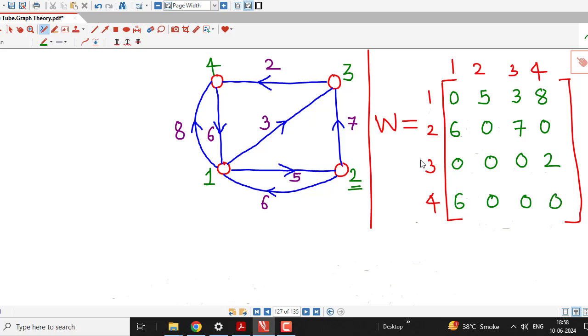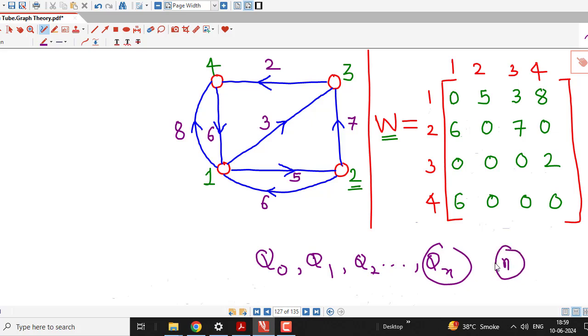So the first step is to write down the matrix which indicates the weights assigned from one vertex to another vertex, and if there is no edge between two vertices we will write 0. After that we have to obtain a sequence of matrices starting with Q0 and Q1, Q2 and so on up to Qn, where n is the number of vertices.